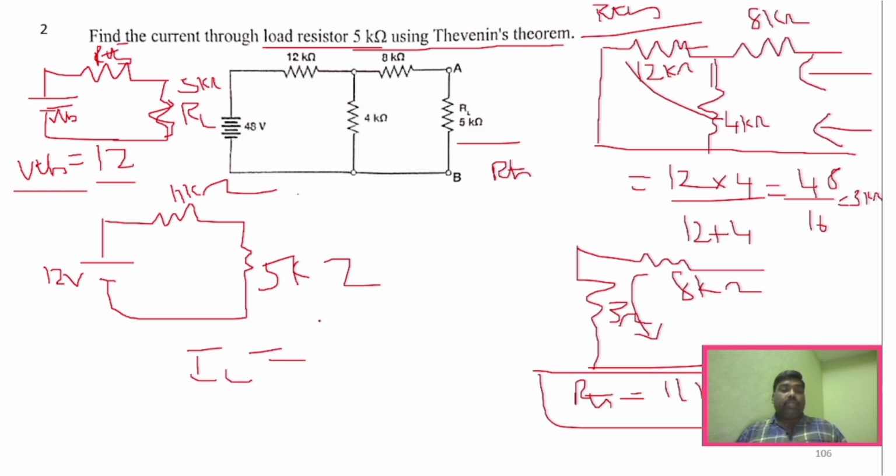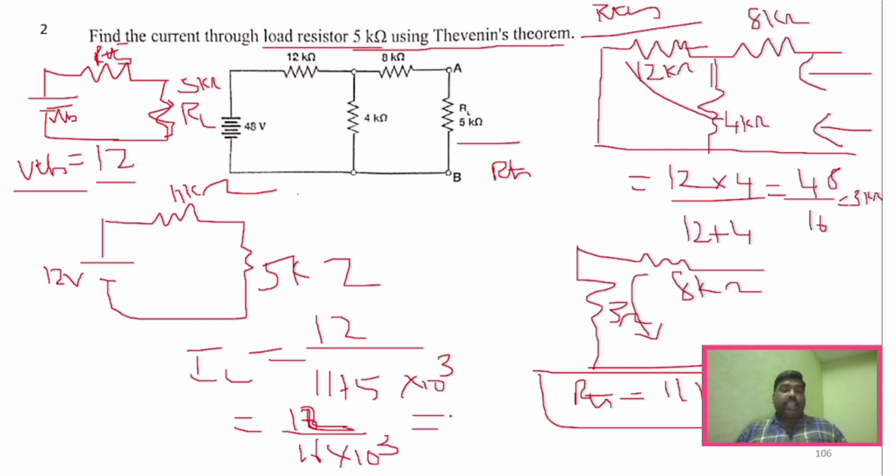So IL is equal to V by R. So it is 12 volt divided by 11 plus 5 kilo ohm, that is into 10 to the power of 3, right? So it will be 12 divided by 16 into 10 to the power of 3, right?